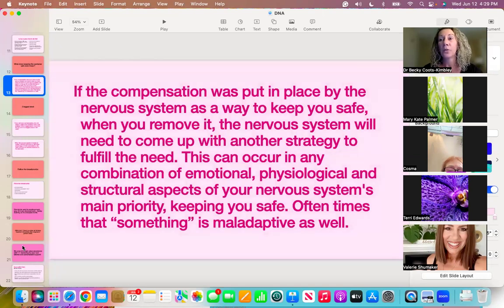So it was removed, which takes me to the next analogy of kicking the leg out of a three-legged stool. When that compensation has been removed, it essentially can blow up the nervous system. And that's why people sometimes feel worse after specific therapies or modalities that have been done, because the wrong thing was treated.